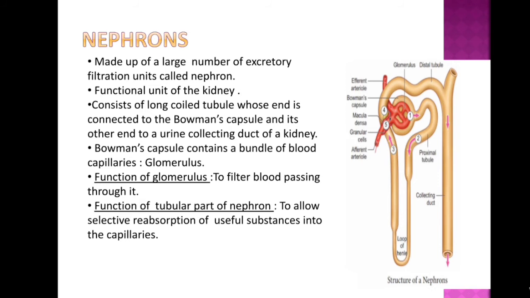The function of the glomerulus is to filter the blood that passes through it, and the function of the tubular part of the nephron is to allow the selective reabsorption of the useful substances into the blood capillaries.